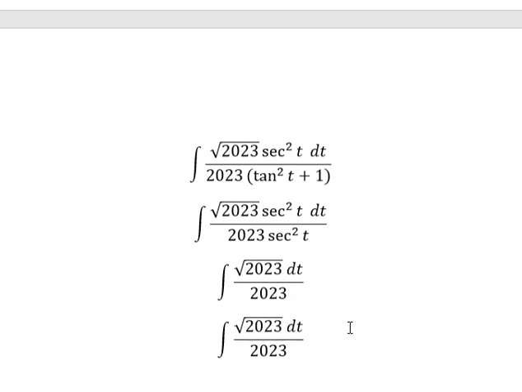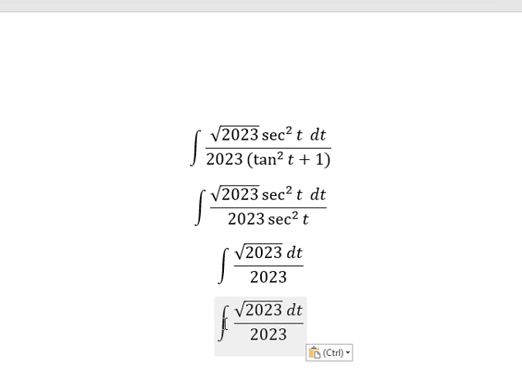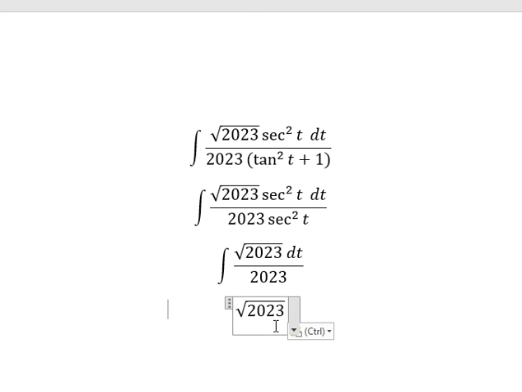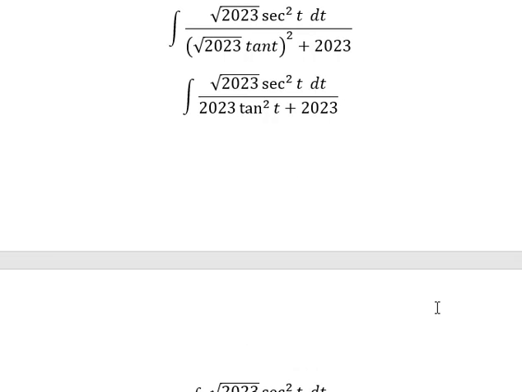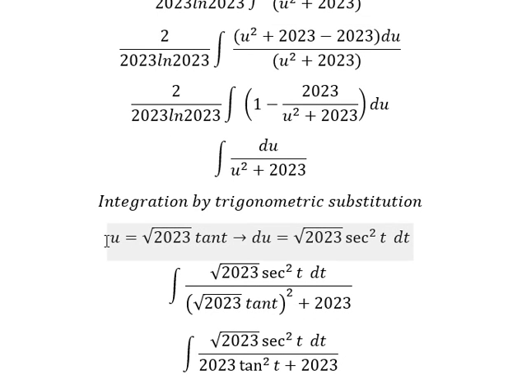So the integration of dt, we have t and I will put c. Now we go back in here. So we have t. So we divide both sides by the square root of 2023.